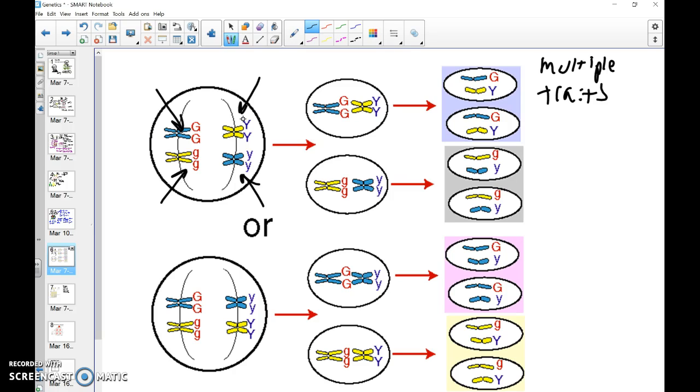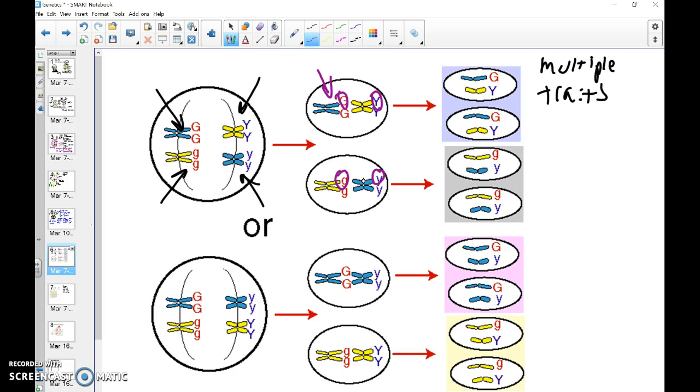So what happens is during the process of cell division for sexual reproduction, these chromosomes assort. Right here, you have an option where you have big G and big Y together. Right here, you have an option where you have little g and little y together.